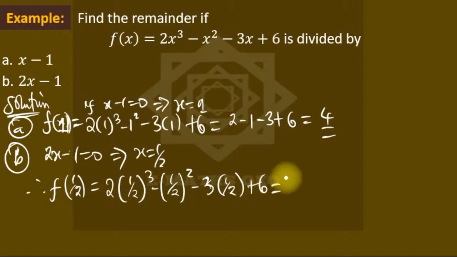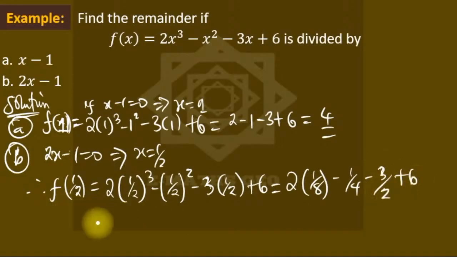So this is 2 times 1 over 8, minus 1 over 4, minus 3 over 2, plus 6, which is 1 over 4 minus 1 over 4, which is 0.